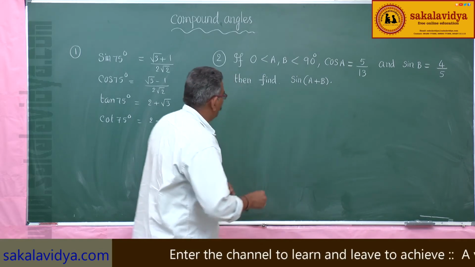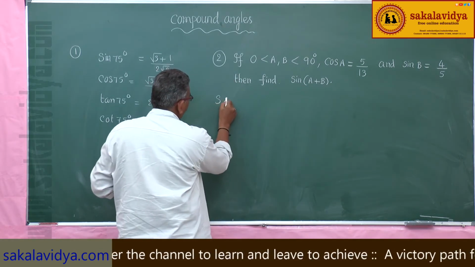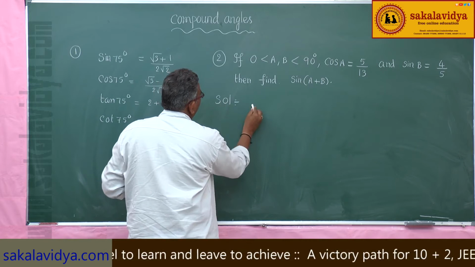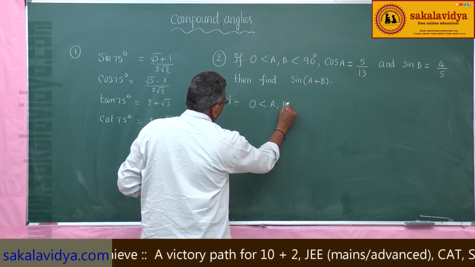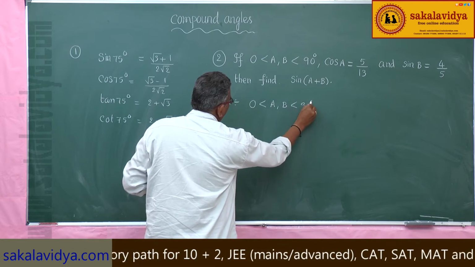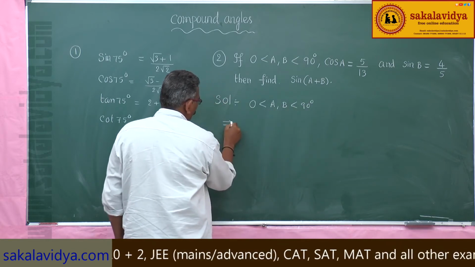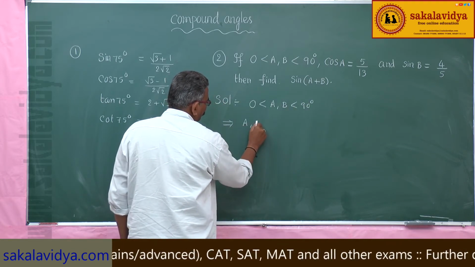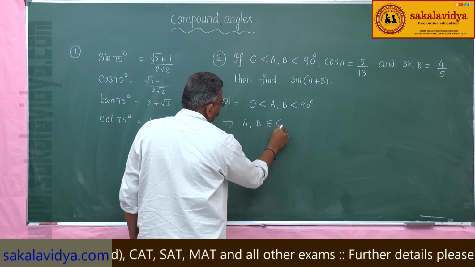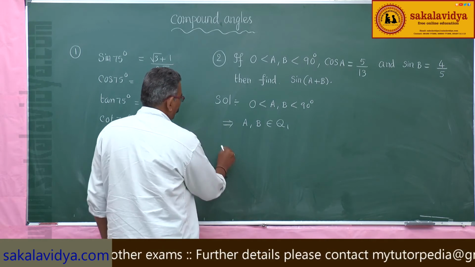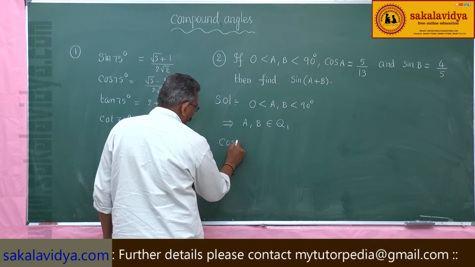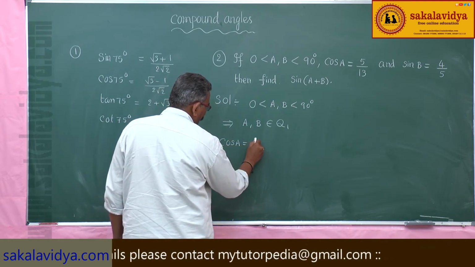First, given that 0 degrees less than a, b less than 90 degrees, that implies both a, b lie in the first quadrant, and cos a is equal to 5 by 13.